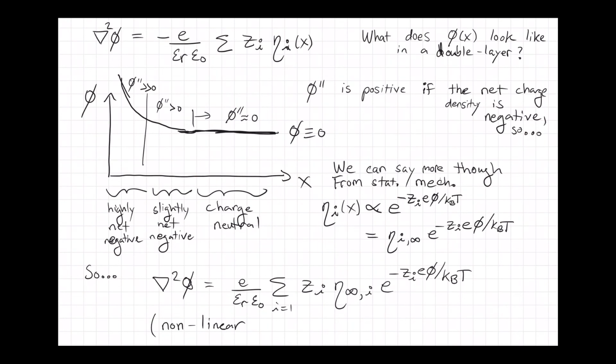The problem is that what we're trying to do is solve for the electrostatic potential, and it doesn't show up in a linear way in these equations. So in general, that's going to cause some problems. Before I address those problems, let's try to assign the boundary conditions for this case.